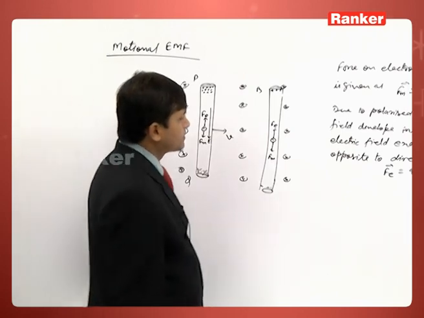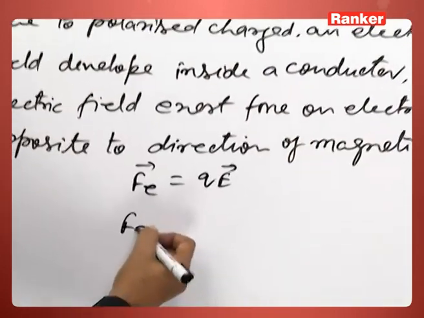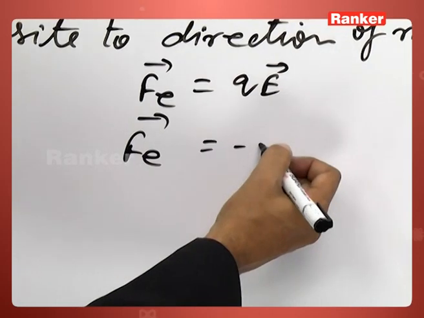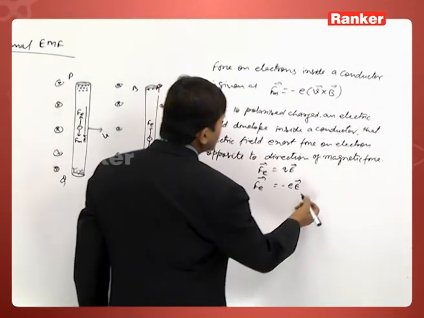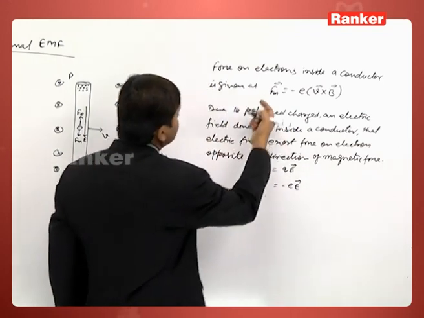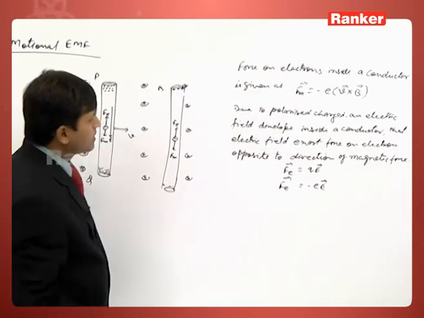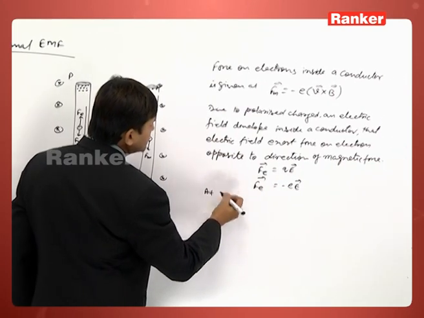One stage will come where the electric force on the electron is equal to the magnetic force on the electron.